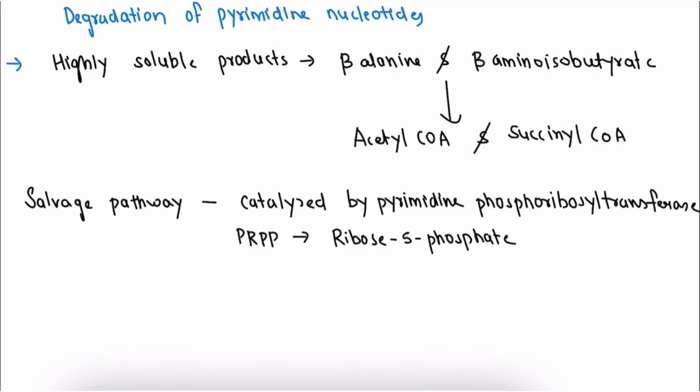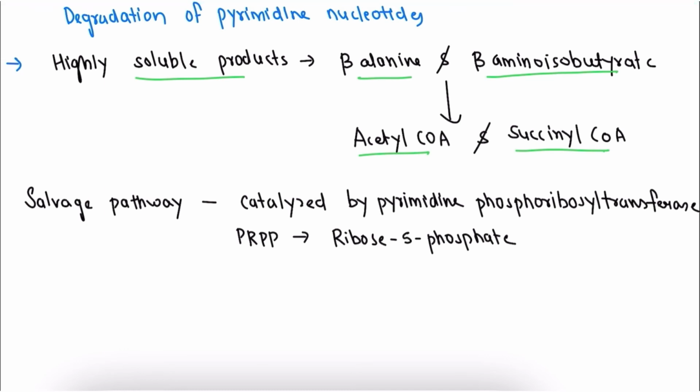Now coming to the degradation, as we have studied the biosynthesis of pyrimidine, now we are going to study the degradation of pyrimidine, but this is not as lengthy as purine degradation. This is very simple. You have to just remember the end products. The highly soluble end products that are formed in degradation of pyrimidine nucleotides are beta alanine and beta amino isobutyrate, which further get converted into acetyl coenzyme A and succinyl coenzyme A. You do not have to go through the pathway of degradation of pyrimidine nucleotides.